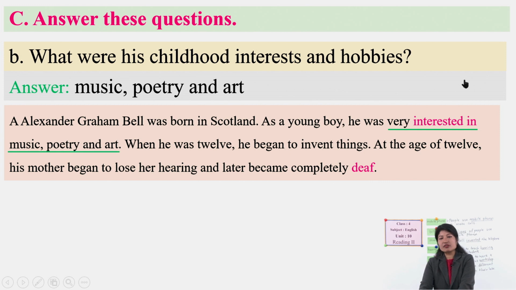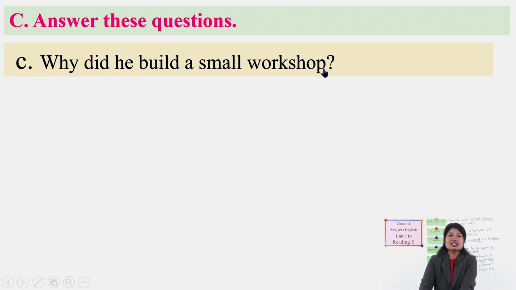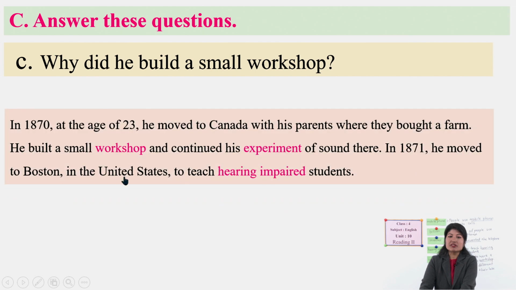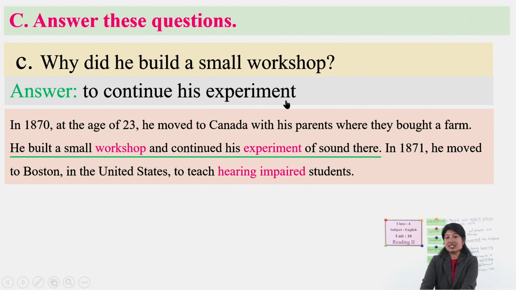You can write in the full sentence later on. Number C. Why did he build a small workshop? The reason you will find somewhere here. He built workshop, continued his experiment of sound. So answer will be to continue his experiment.